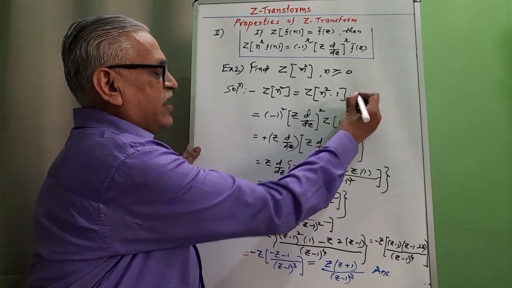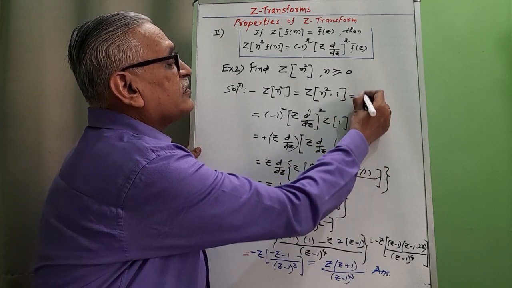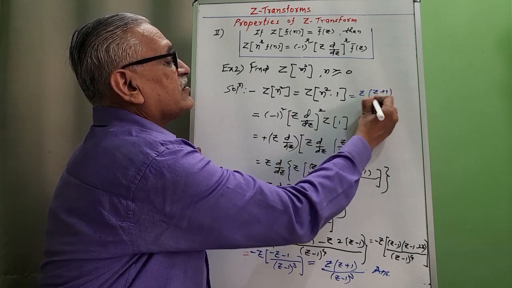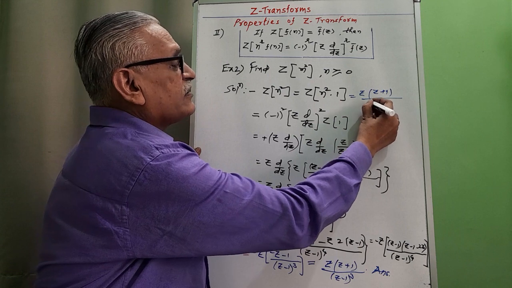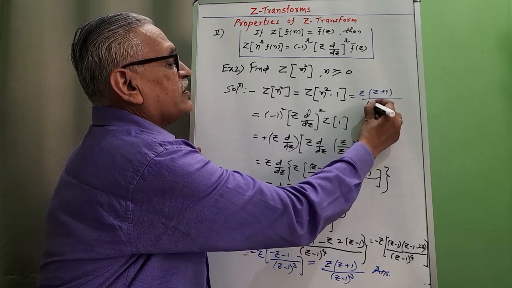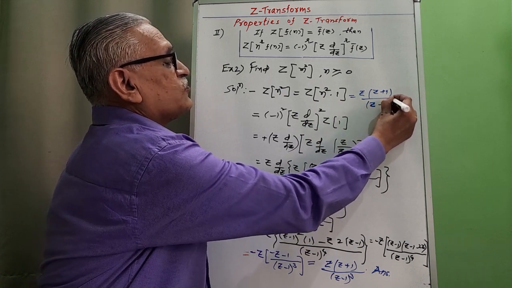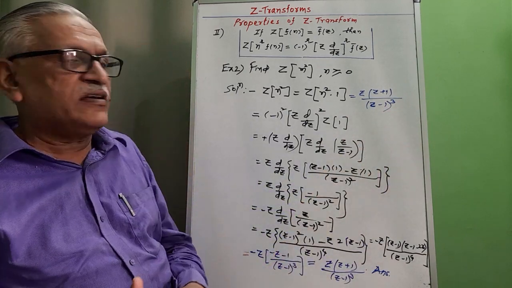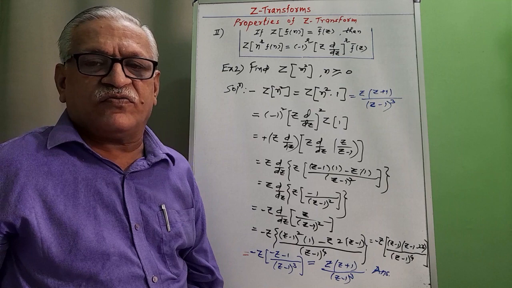We get that value as z times z plus 1 whole divided by z minus 1 cube as the required value.